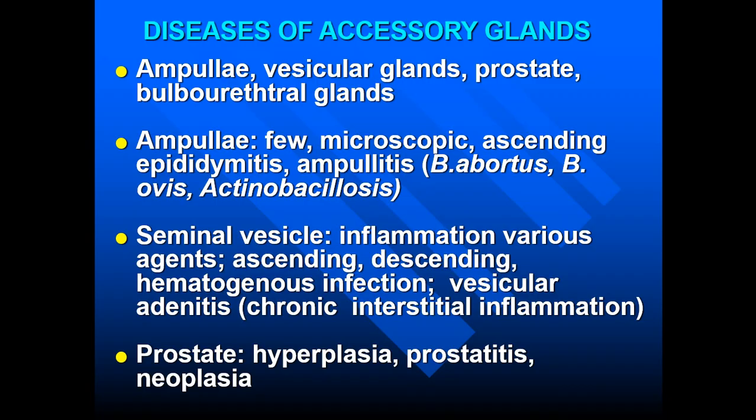It can also be descending due to hematogenous infection, and we call the disease vesicular adenitis. Usually it's a chronic inflammation, and usually chronic inflammation is related to interstitial inflammation. Why is it related to interstitial inflammation? Because the infection may originate from the blood vessels.